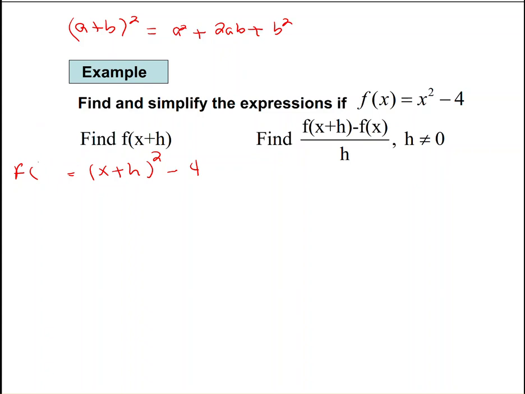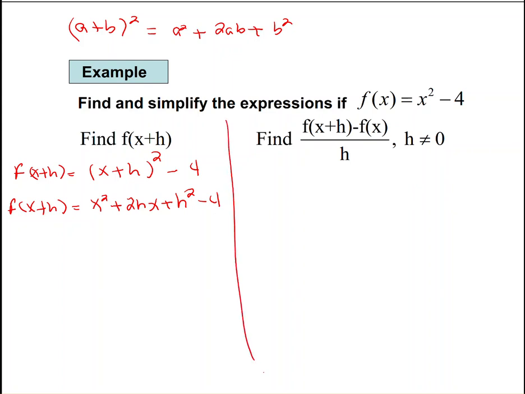Sorry about that. So f of x plus h there. Alrighty, so f of x plus h equals x squared plus 2 times h times x plus h squared. That's multiplying out using that rule up there. And then minus 4.